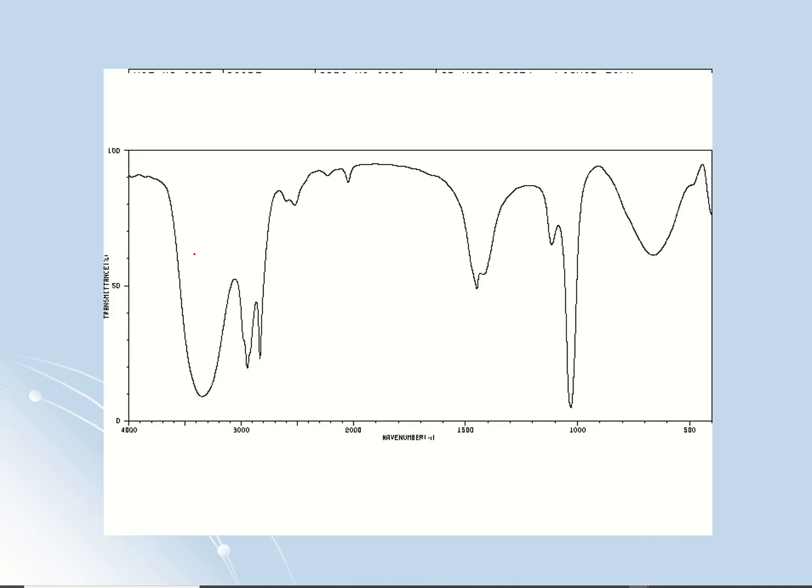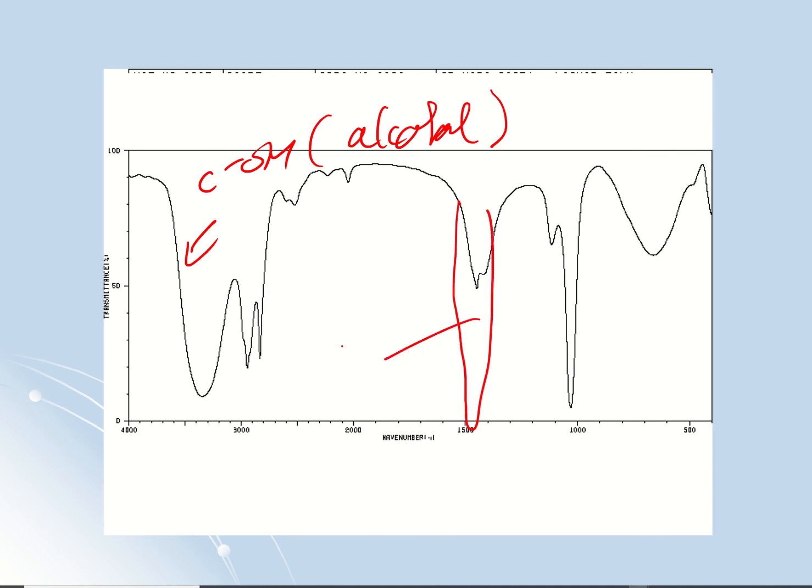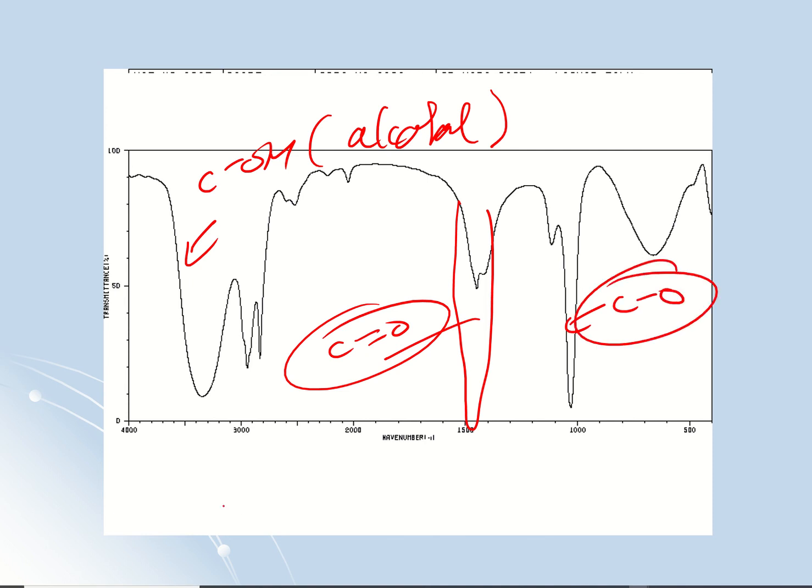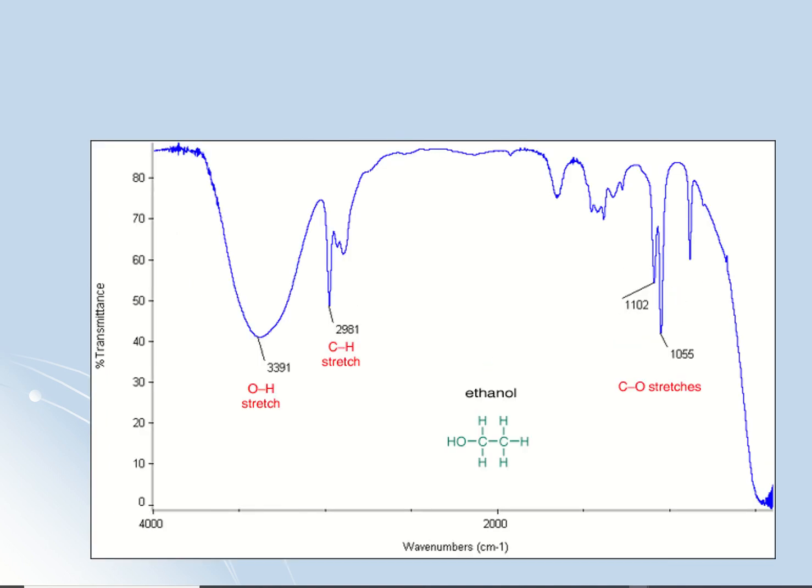Hopefully you're getting to see these now, OH, and it's of course an alcohol. We don't have that big, deep, sharp C double bond O. Some of you might have picked up that C single bond O from earlier, which of course you would know is in an alcohol here. So you might have seen that.